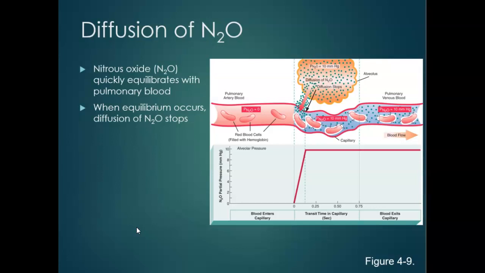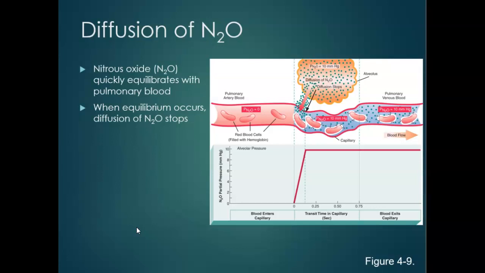So nitrous oxide is not chemically combined with hemoglobin, so because it's only dissolving in the plasma, its partial pressure is going to rise really quickly. Because it rises really quickly, it's going to reach equilibrium and diffusion is going to stop really fast also. So in order for diffusion to continue, you need new blood that doesn't have any nitrous oxide dissolved in it coming into contact with the alveoli.